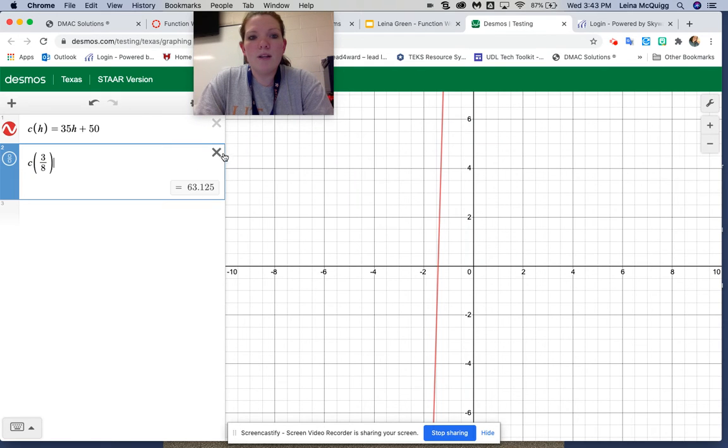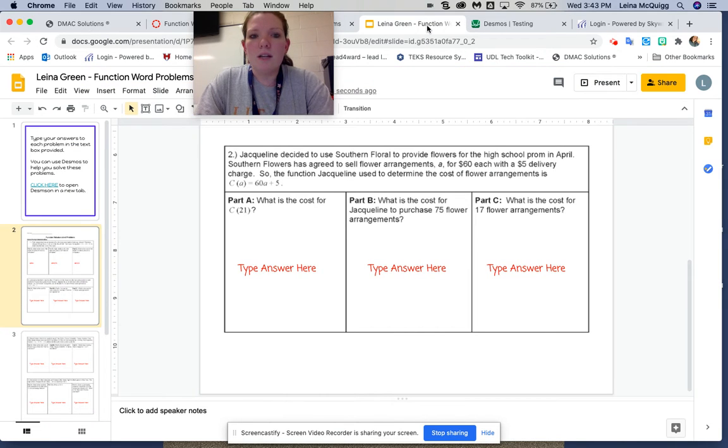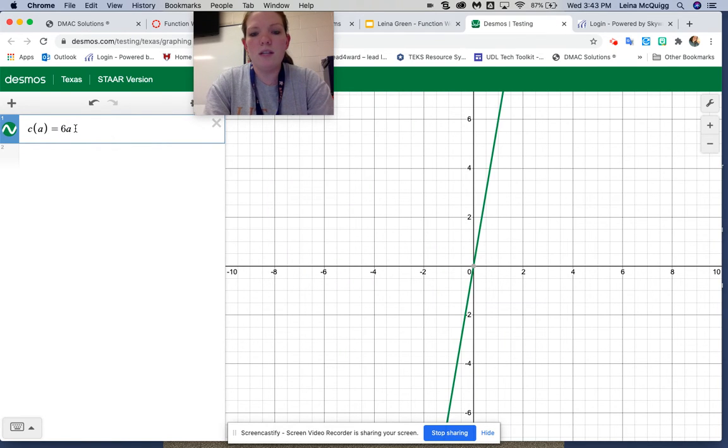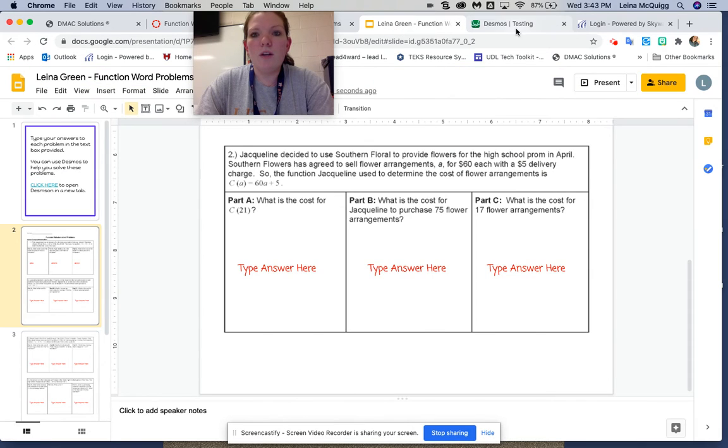So I'm going to come back over here. I'm going to clear out the function I already had because if I keep it in there, it's going to get confused. Desmos is not going to give me an answer, okay? So I want to delete everything out. All right, so my function is C of A equals 60A plus 5. And we want to know C of 21.